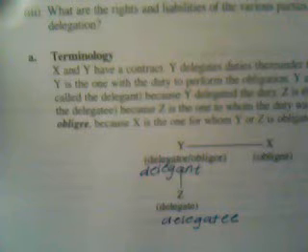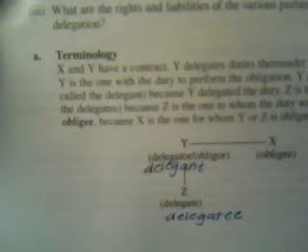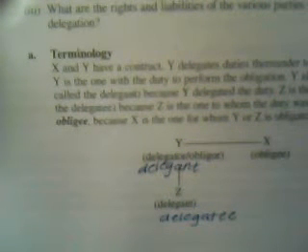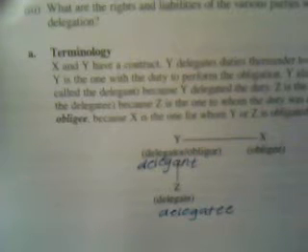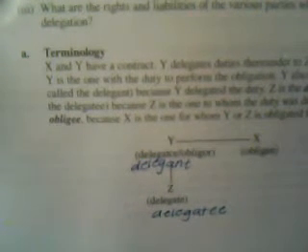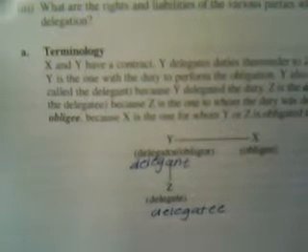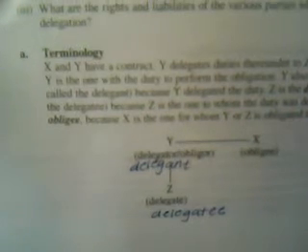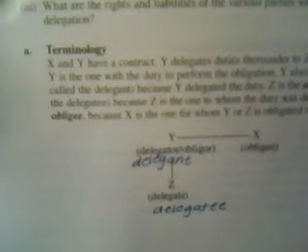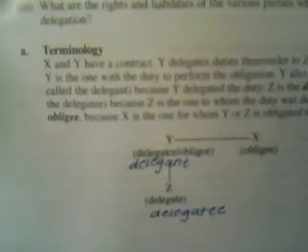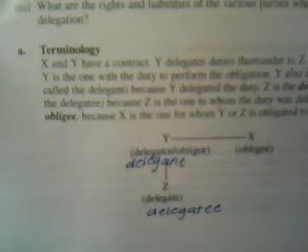If performance by the delegate will materially change the obligee's expectancy under the contract, the duty may not be delegated. D, contractual restriction on delegation. If a contract restricts either party's right to delegate duties, such a provision will usually be given strict effect.